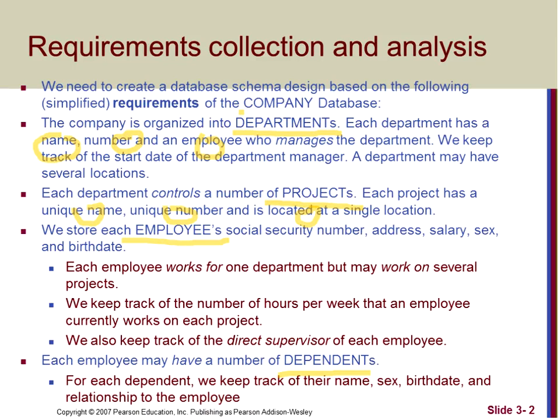Employee we already did. For the dependent, we keep track of their name, sex, birthday, and relationship to the employee. So these are the entity types and their attributes.